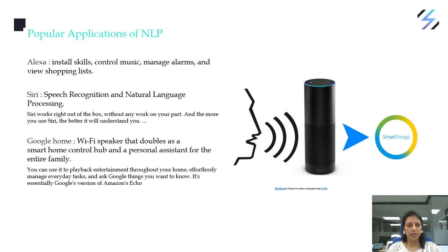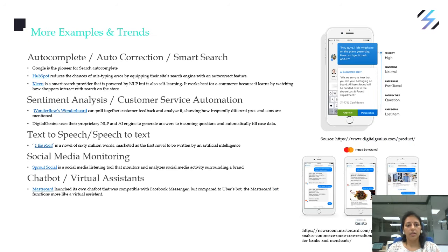Moving on, we all know the popular applications like Alexa, Siri, and Google Home. These are all based on speech recognition techniques, some in an advanced manner, and some are simple rule-based applications. What all can an NLP robot or a chatbot do?